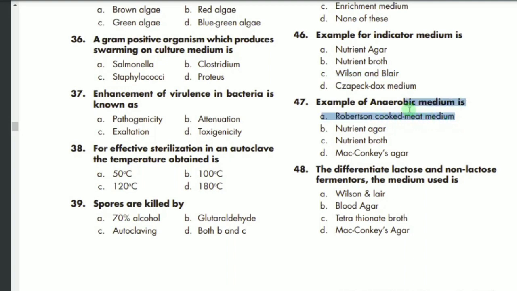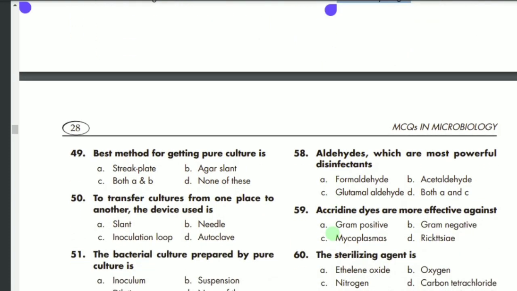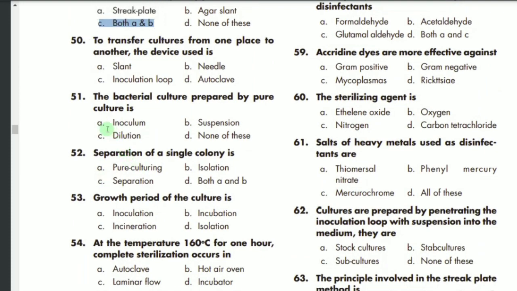MCQ number 48 says that to differentiate between lactose fermenter and non-lactose fermenter medium, MacConkey is mostly used for lactose fermenters and non-lactose fermenters, so D is the correct option. MCQ number 49 says the best method for getting a pure culture is, so agar slant is also used, and streak, so C is the correct option, both A and B. MCQ 50 is the last but not the least.